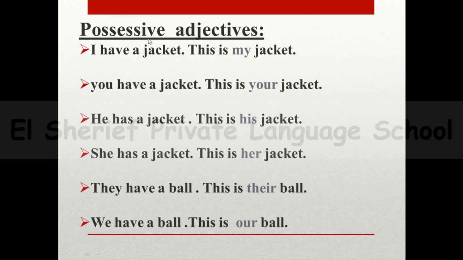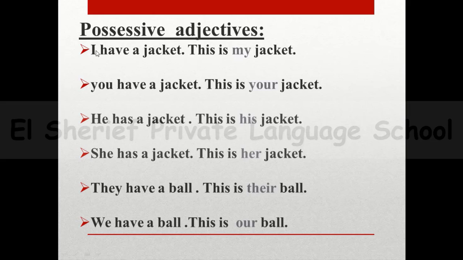So how can I say the owner of this jacket is me? Where is the subject now? The subject is I. I should look at the subject. Here is I. So I will say, this is my jacket. Why did I say my here?